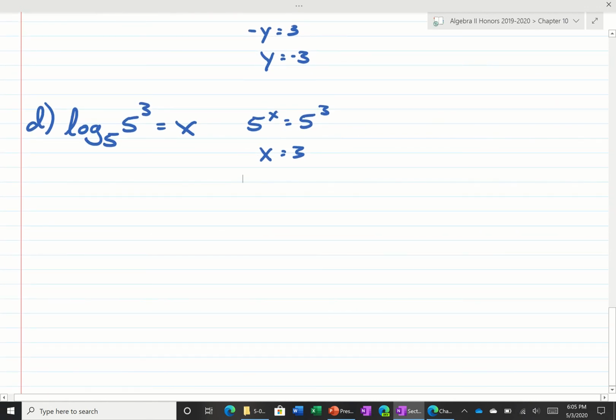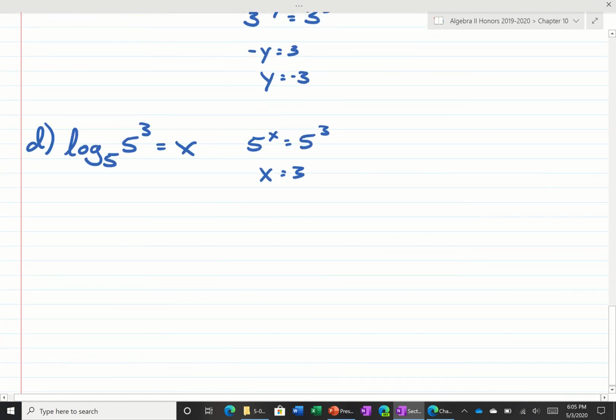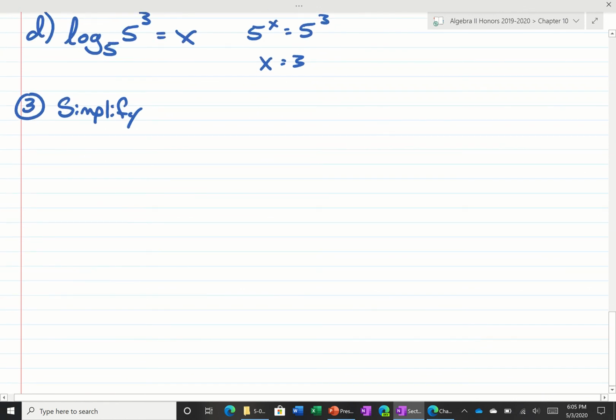Alright, so we have a couple more types of examples to do. Let's see, this is number 3. I'll ask you to simplify a few more. So let's simplify 5 to the log base 5 of 25.